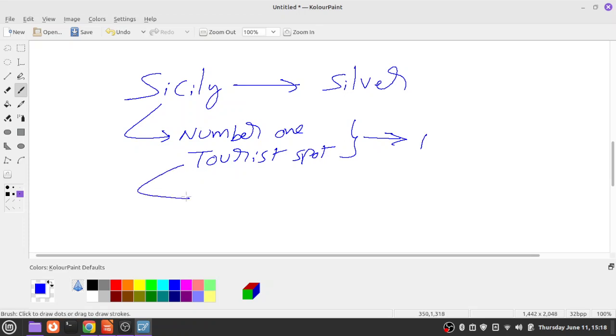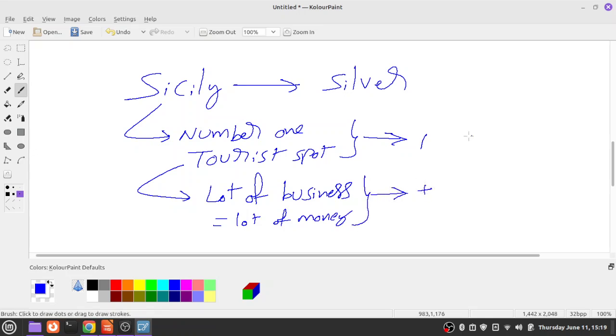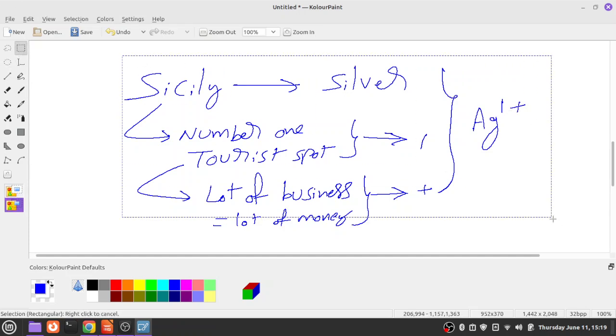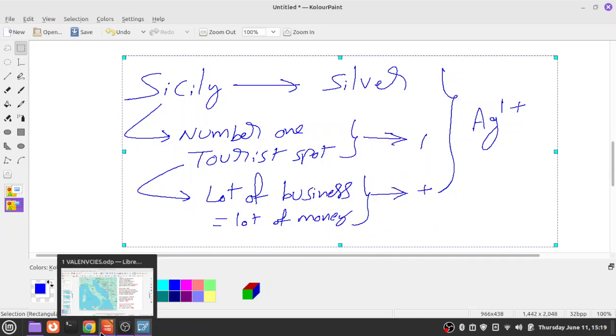Tourist spot means a lot of money, a lot of business. So you are saying that it is positive. All these things lead to Ag 1 plus.